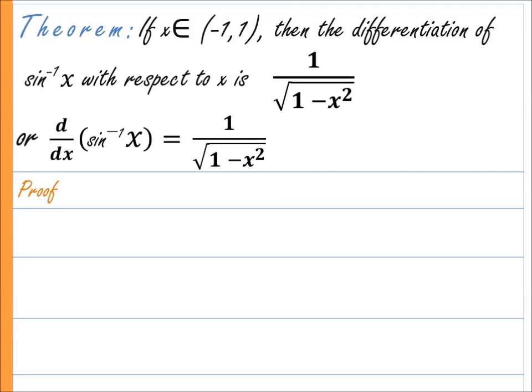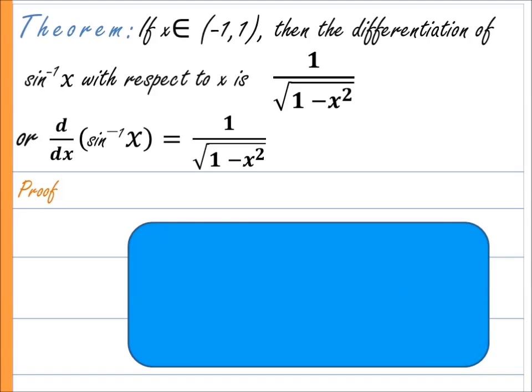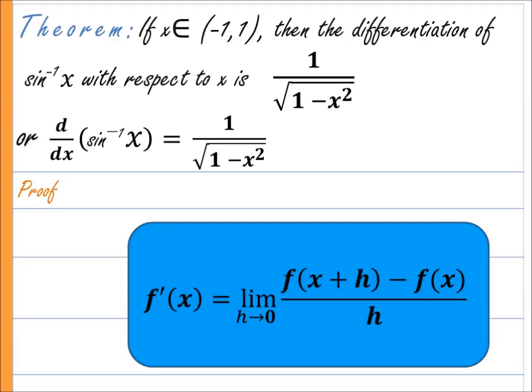And if you remember, for finding the differential coefficient of a function from first principle, if f of x is a function, then the derivative of f of x with respect to x is equal to limit h approaches 0, f of x plus h minus f of x, divided by h.